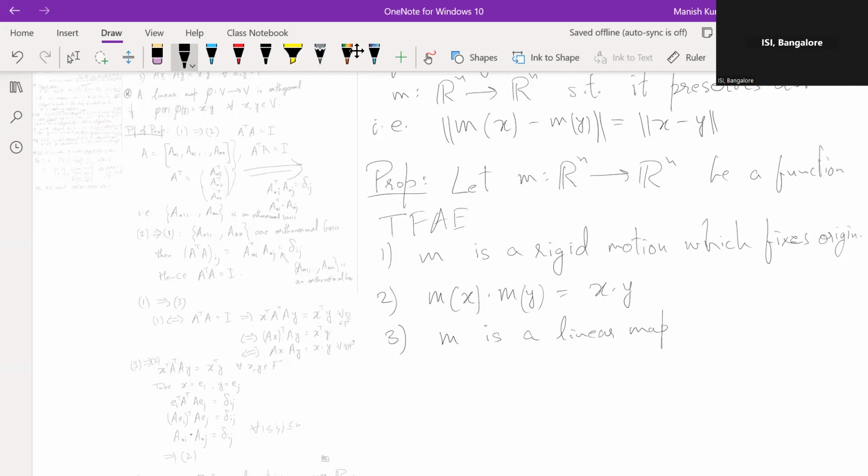Not even continuity. Yeah, and it forces it to be a linear map given by multiplication by an orthogonal matrix. Right?